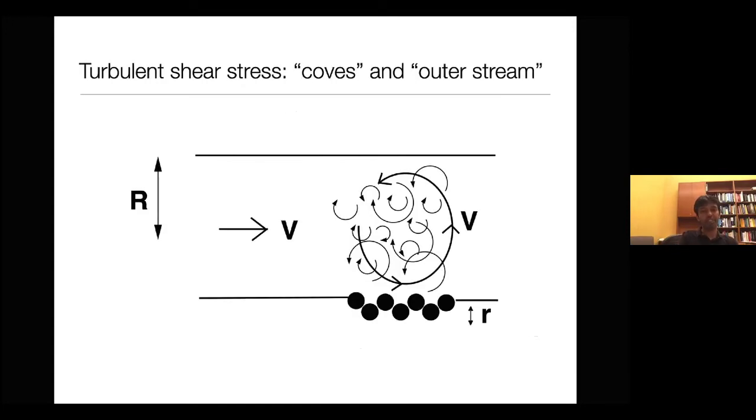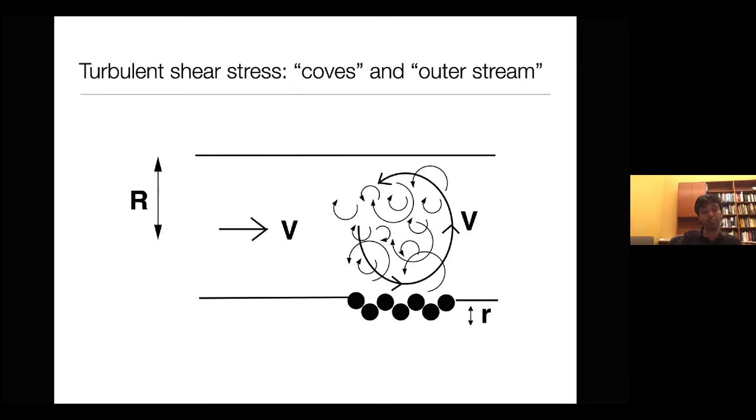Okay, armed with these ideas, let's go back to the problem that we started with, which was turbulent flow over a rough pipe. This is, of course, an extremely complicated problem. So what I'm going to do is to drastically, brutally simplify this problem and see, using an utterly simple approach, can we shed some insight into what's going on in the problem?